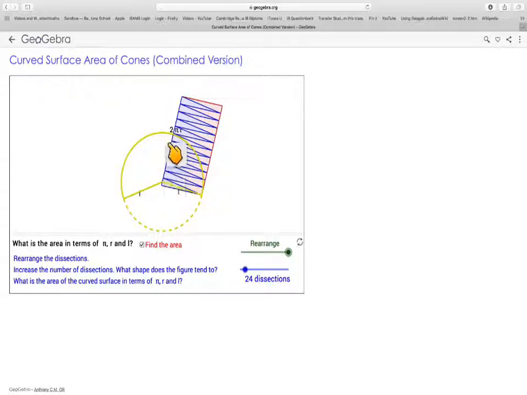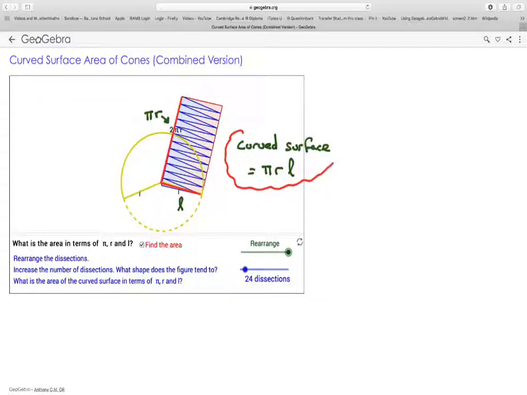Now this bit here, remember, is pi times r, and this bit here is L. So what I'm saying to you is that this bit here is pi times r, and that the vertical height here of the parallelogram will be L. To find the area of a parallelogram, you need to do this distance, pi times r, times L. So that means that the curved surface area will be equal to pi r times L, and that is the formula for finding the curved surface area.